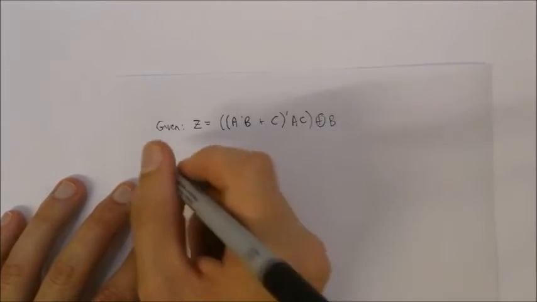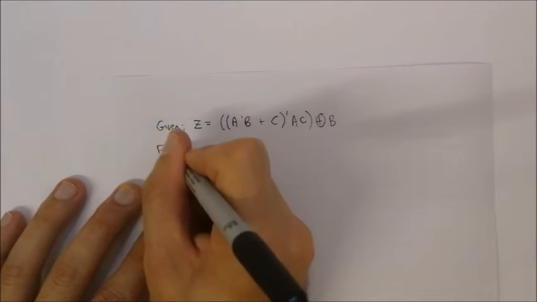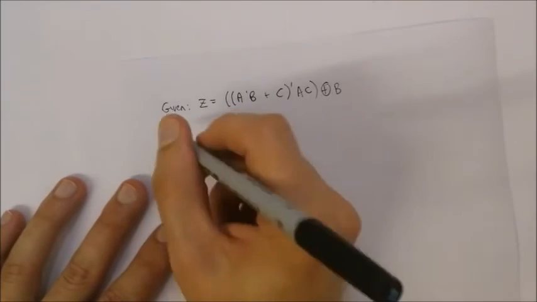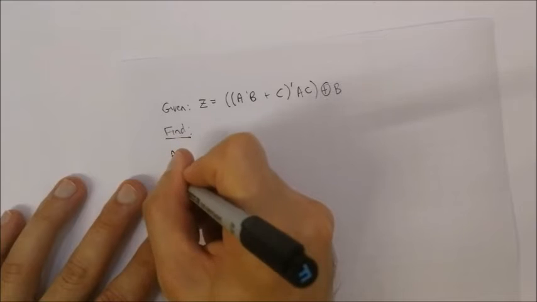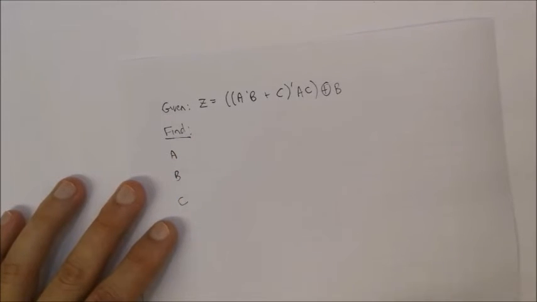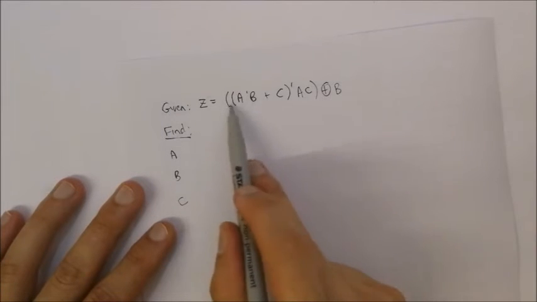Okay, so now you've got to find the logic diagram, the circuit diagram. So we've got A, B, and C. Those are our inputs.